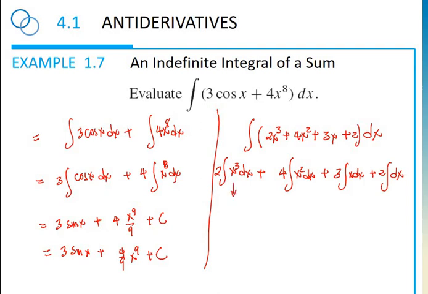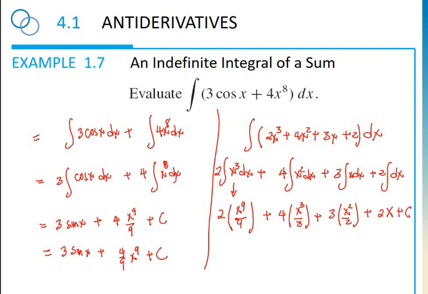Well, we know this one is going to be 2 times x to the 4 divided by 4, plus 4 times this one, which is going to be x cubed divided by 3, plus this one, which is going to be 3 times x squared divided by 2, plus this one, which is a constant, and the integration of dx is going to be just x, because the derivative of x is 1, or for 2x, the derivative is going to be 2, and then you add here the constant of integration plus c.